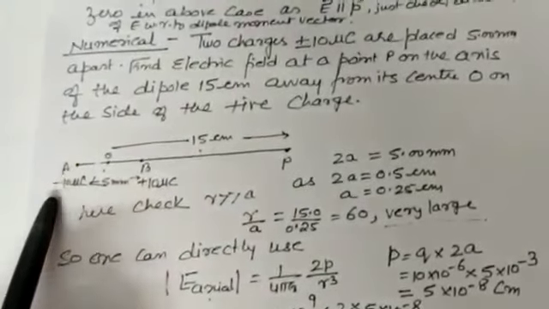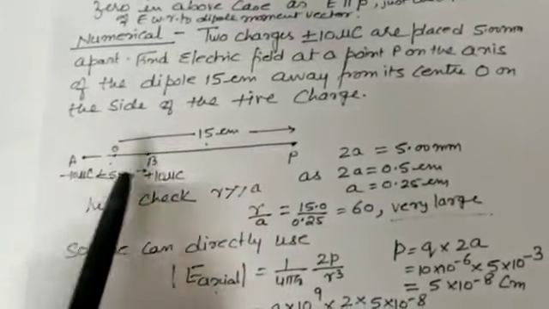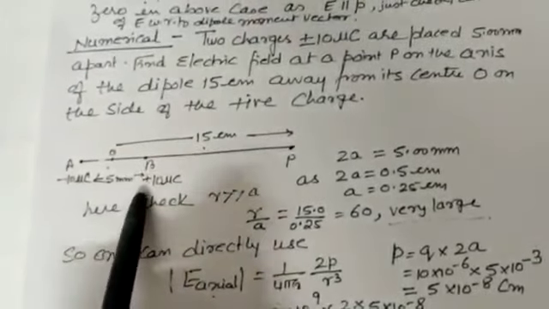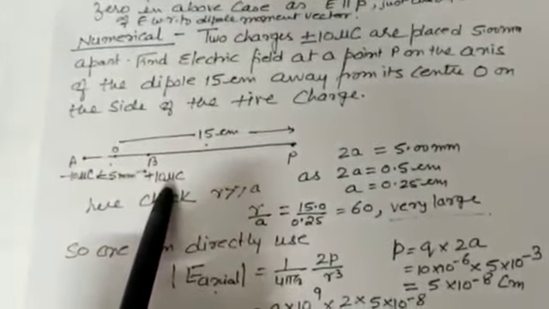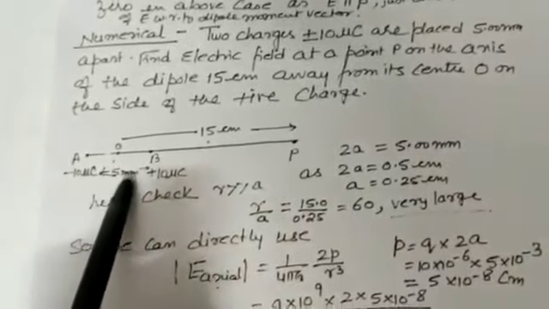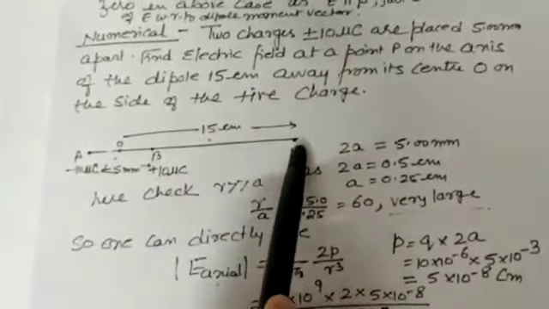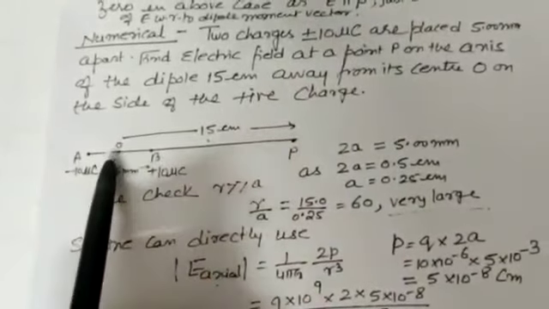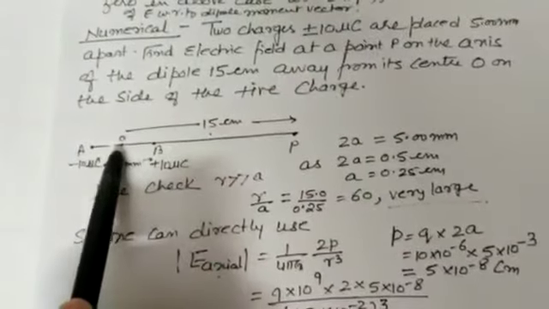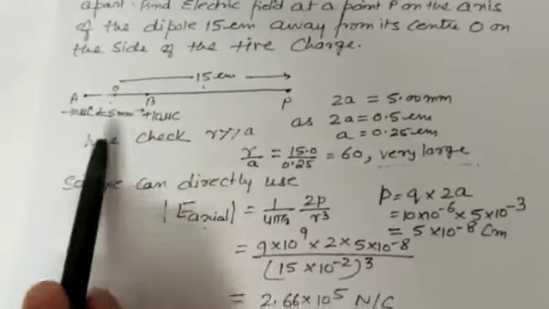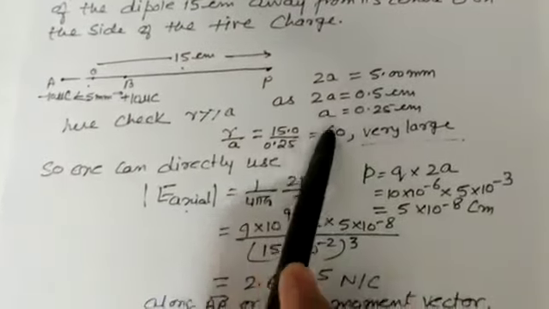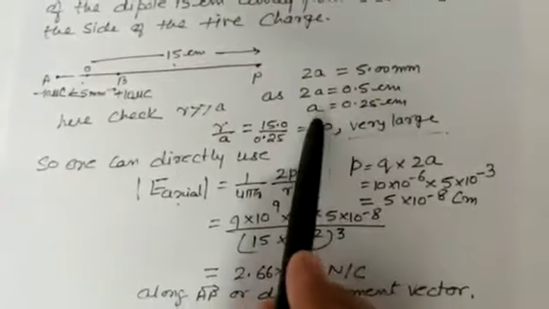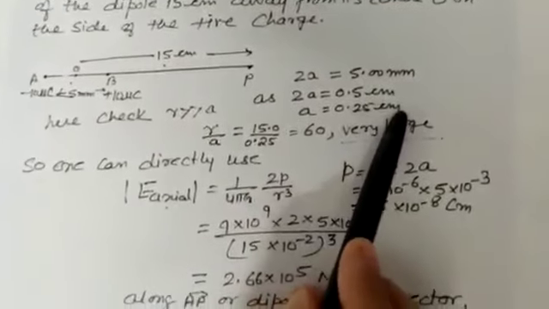At point A, we place minus 10 microcoulomb charge. At point B, we place plus 10 microcoulomb charge. The length of the dipole is given as 5 mm. Take the point P on the side of the positive charge at a distance 15 cm from the center. Now you check, 2a is 5 mm, so that is 0.5 centimeter and your a is 0.25 centimeter.